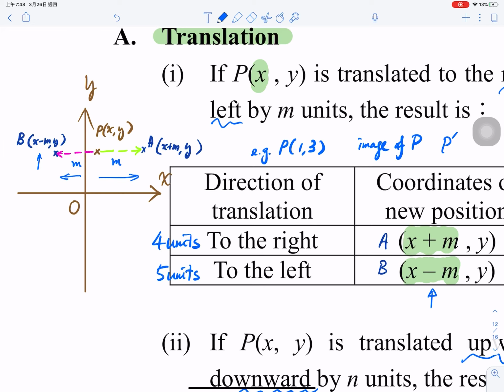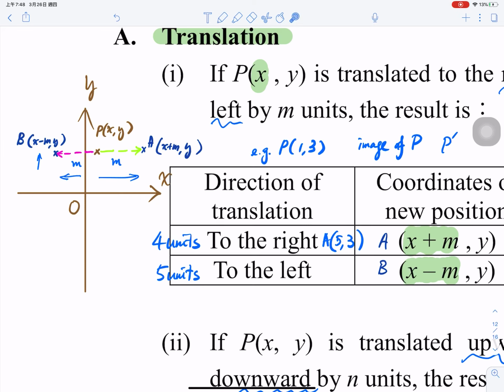And this time I'll use the letter A and letter B. Okay, so let's have a look. Then what is the image of P after 4 units to the right? Very good. A becomes (5, 3), correct.